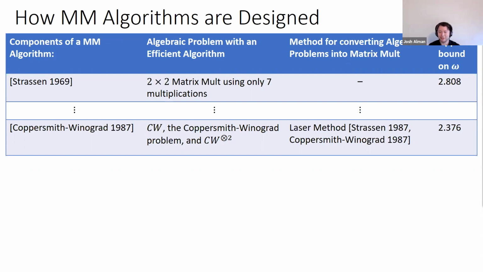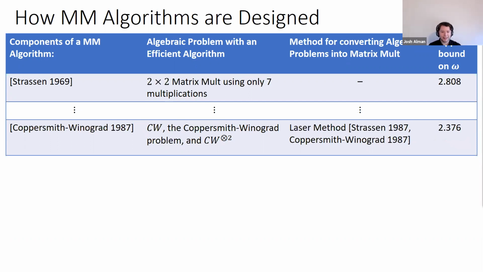They showed it has a really efficient, linear time algorithm for solving it. The method they used to convert it into matrix multiplication is called the laser method. It was named this by Strassen, and then Coppersmith and Winograd improved on Strassen's implementation to use it in its current form. Using that, they proved the bound of 2.376 on omega.